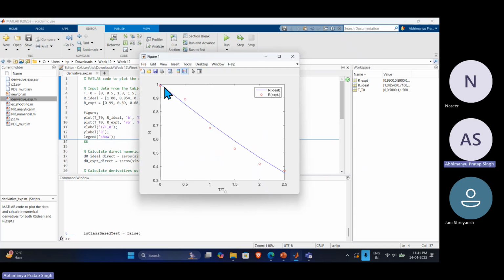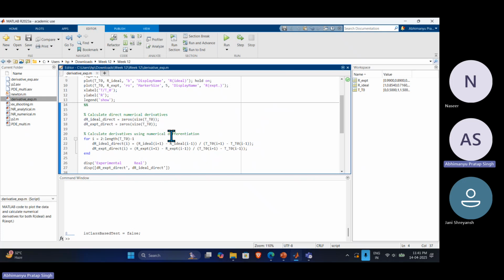Yeah. So this is the ideal data that we are supposed to get, and this is the experimental data. Okay. Now, if I calculate my derivative using central difference only.